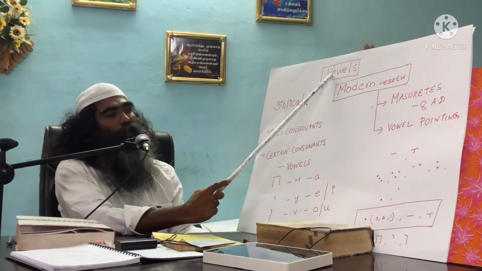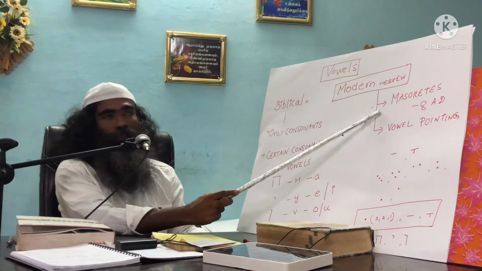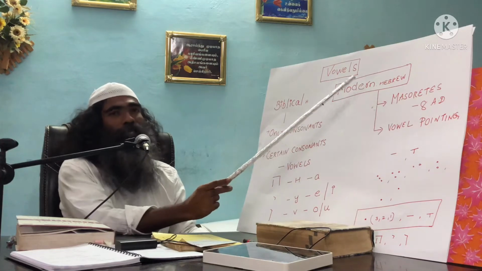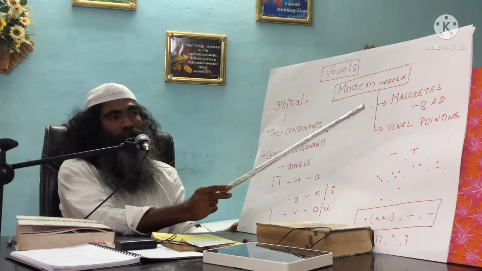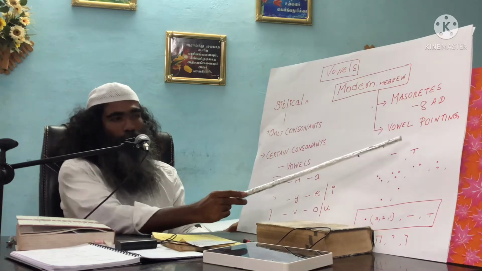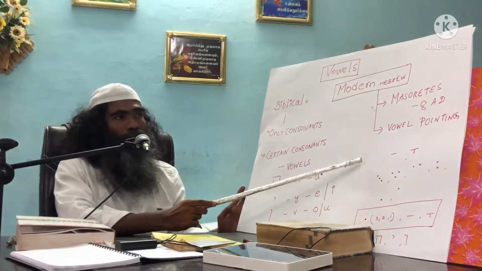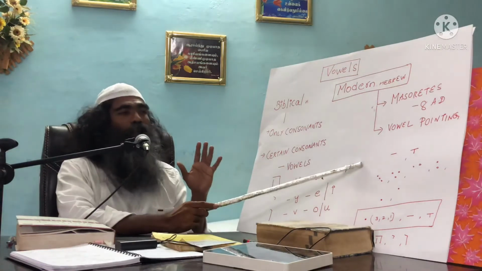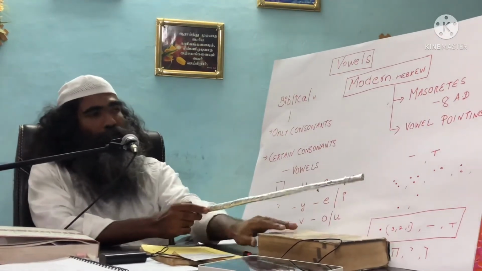The vowels were introduced by the Masoretes in the 8th century AD to facilitate easy pronunciation. It is called vowel pointing. It may look a bit difficult initially, but I will try to simplify it as much as possible.